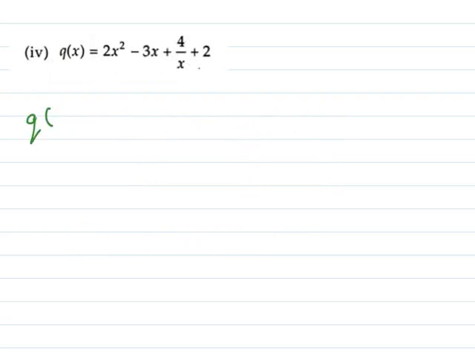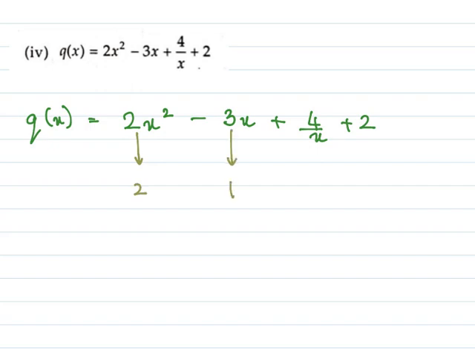Now for q of x, let's examine each term. 2x square, we have minus 3x plus 4 by x plus 2. Here power 2, here power 1. Now 4 over x can be written as 4x raised to minus 1.